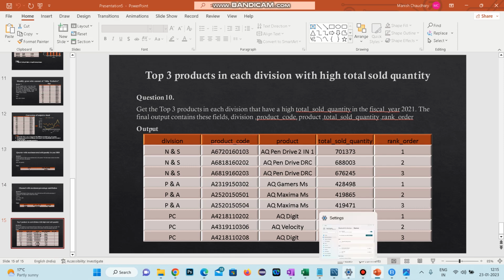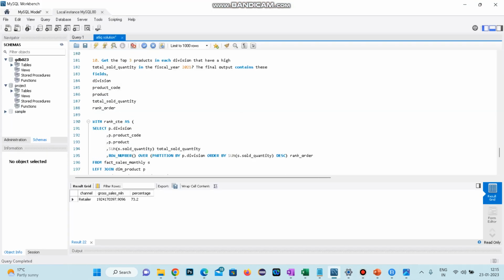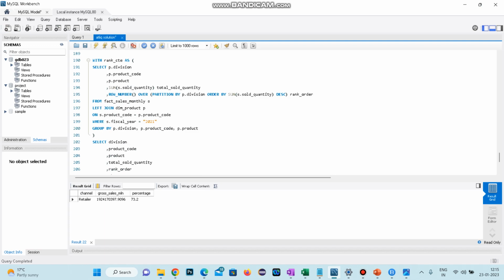For this I have written the query using a CTE for getting the total sold quantity and giving row number to each of them with the highest sold quantity in decreasing order so that we get the top 3 for each division.